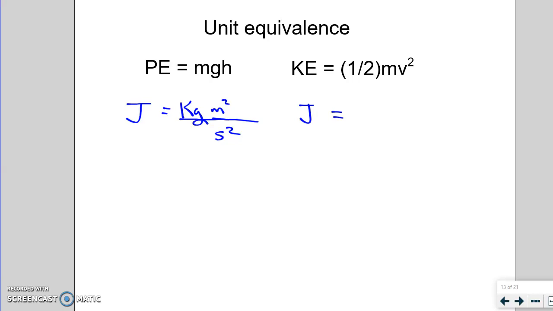And if we look over here, we can see that we do have an equivalent unit for kinetic energy. The 1/2 doesn't have a unit, but kilogram is the unit for mass. And then velocity is meter per second, and then we're going to square that, which is going to spit out kilogram meter squared per second squared again. So we can see that they do have unit equivalence.